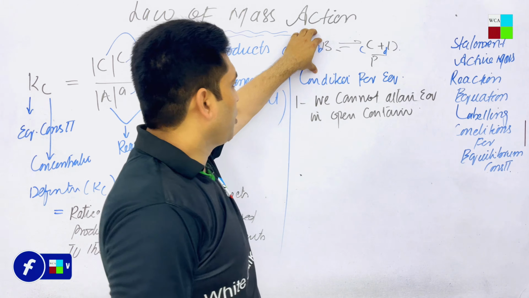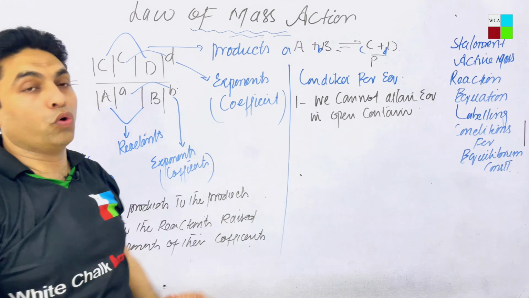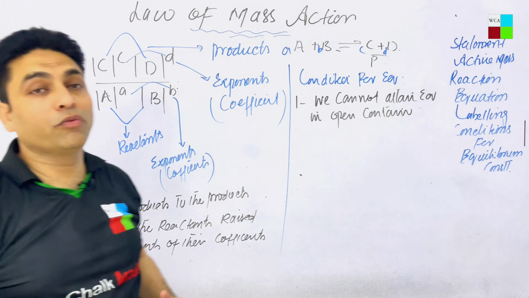This can be done if we have the substance in a closed container from where it cannot escape, but in an open container the particles can evaporate and escape into the atmosphere. So that's why we can't get the product. If we can't get the product, then we can't get the reactants back from the product. So we cannot attain equilibrium in the open container, but we can attain this in a closed container. That is the number one thing.